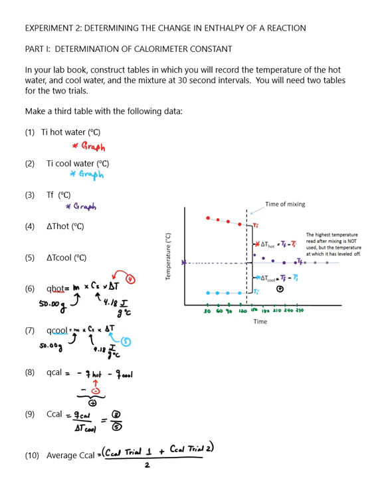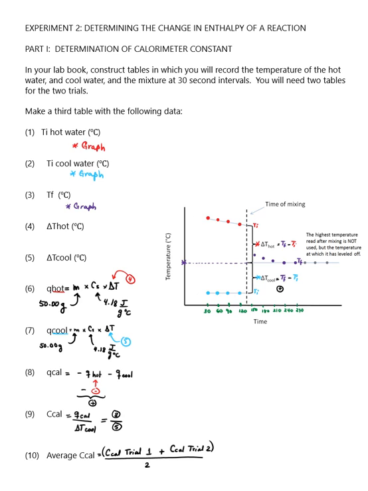So the hot water will be losing heat, and the heat that the hot water is losing will be transferred to the cool water, but also your coffee cup, the calorimeter, will be absorbing part of that heat. So what you're doing with this experiment is finding out how much heat the hot water is losing, how much heat the cool water is absorbing, and how much heat the calorimeter is also absorbing.